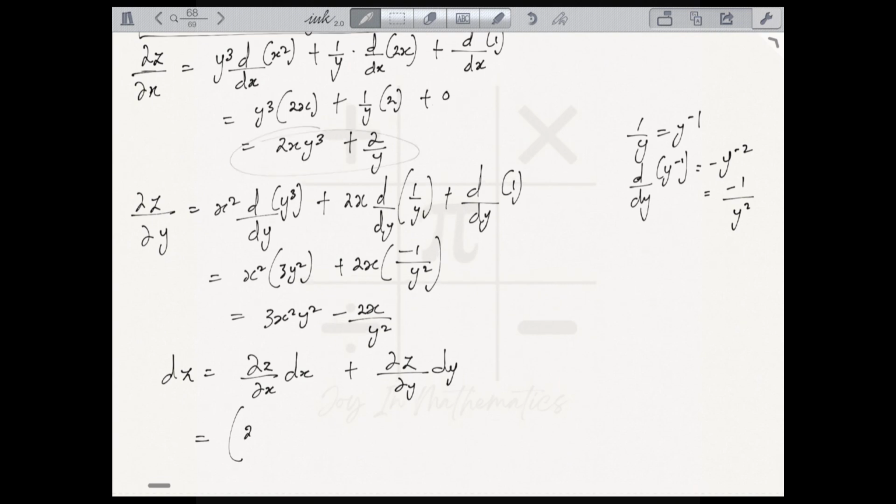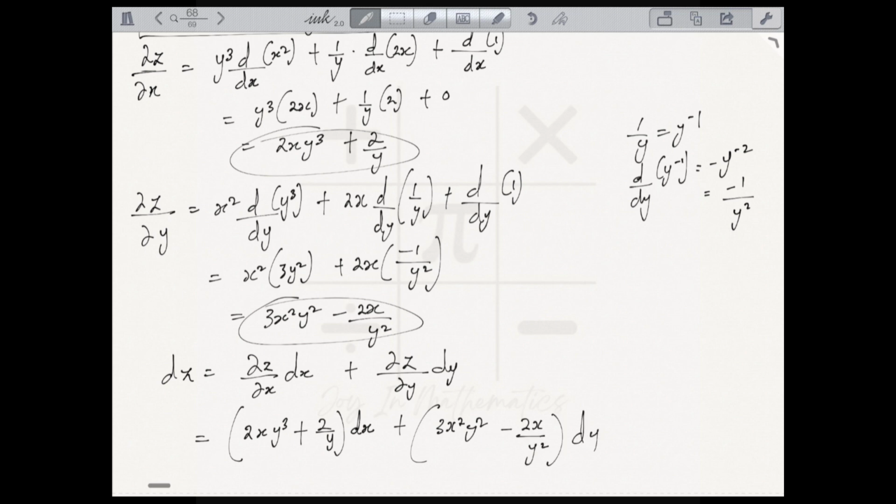That will give us 2xy cubed plus 2 over y multiplied by dx, plus our dz dy, which is this, 3x squared y squared minus 2x over y squared multiplied by dy. So here is our final answer for the total differential of this. Let's take another example.